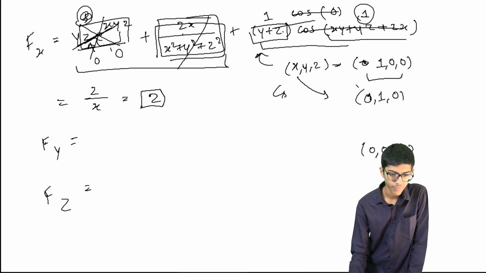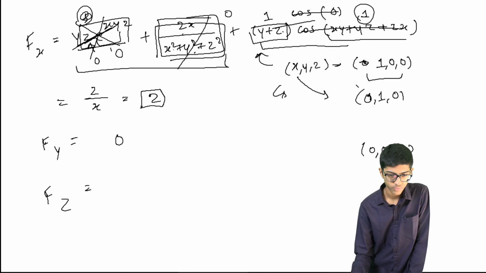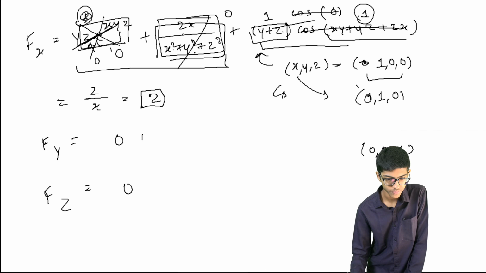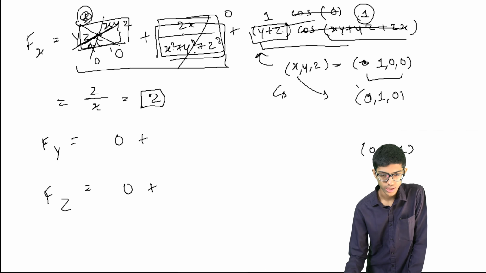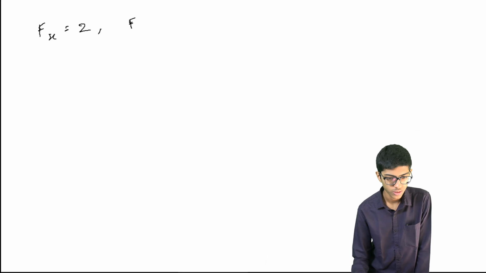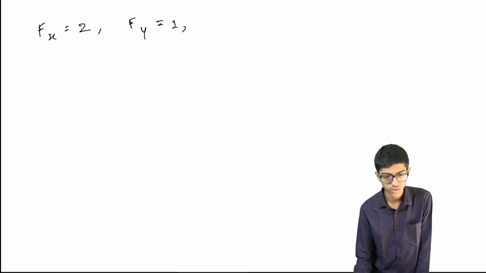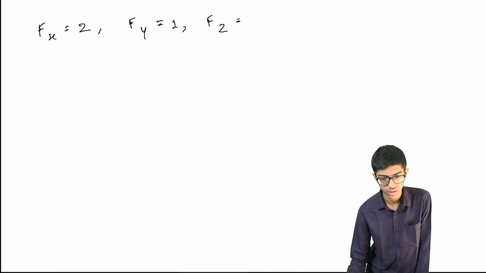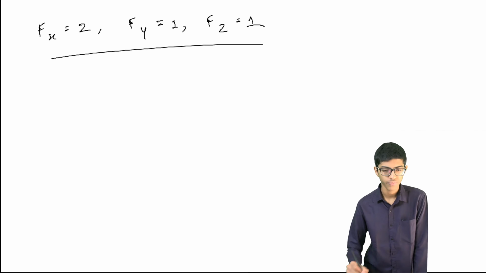So we have 2x by x squared plus y squared plus z squared equals 0 for both of them, and this part equates 1 for both of them. Then we may write this as fx equals 0, fy equals 1 and fz equals 1 again.